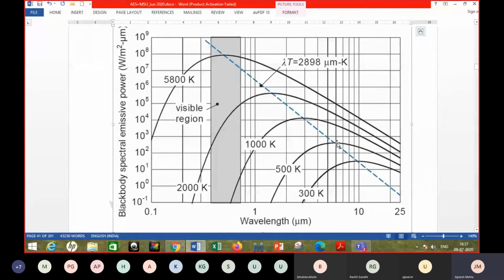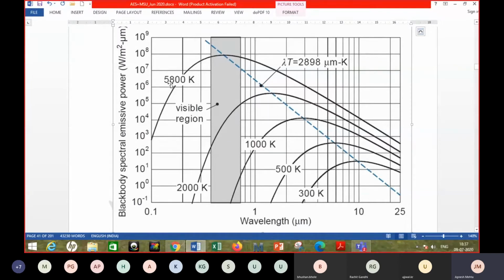So at 6 micrometer, at 500 Kelvin, the radiation would be highest. So you are going to address this problem of the re-radiation or emission from the heated surface of the solar collector. We'll talk about that later.